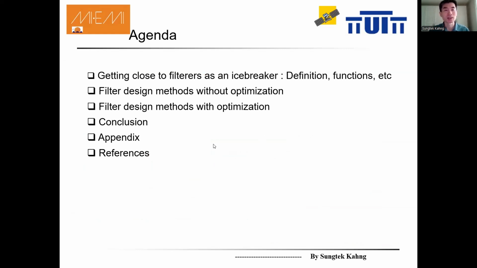This is the agenda. As you see here, you're getting close to filters. For starters, you will see the roles and the positions of the filters in the communication system, and there will be two different chapters. The first chapter will talk about classic filter design, which has already been taught in microwave engineering classes or applications of electromagnetics.